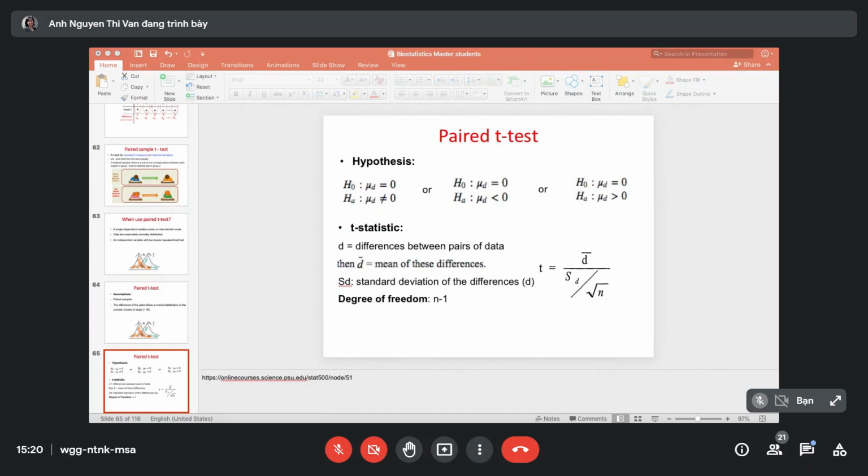What is the degree of freedom in the independent t-test? In the t table, we use the degree of freedom n minus 1. Yes, but how about the independent t-test?